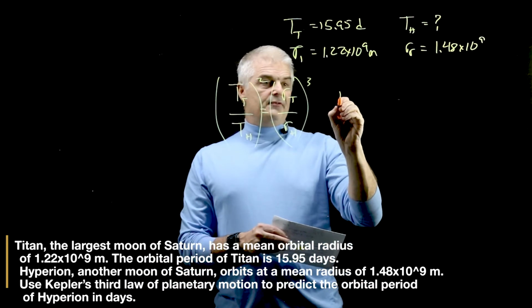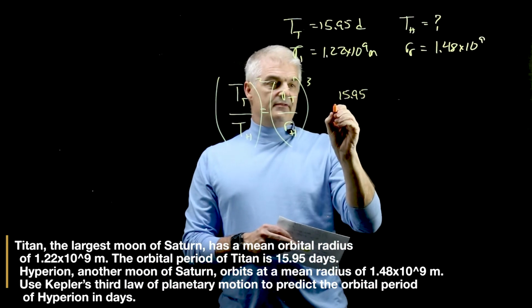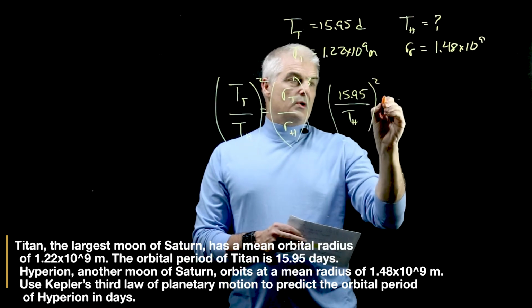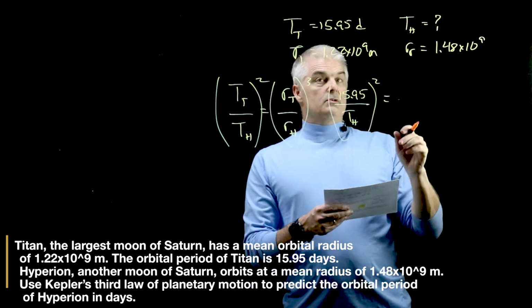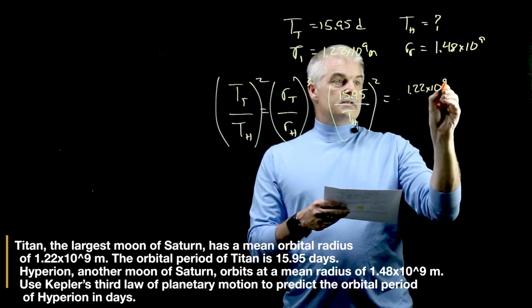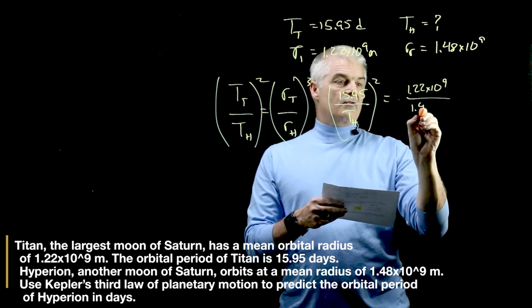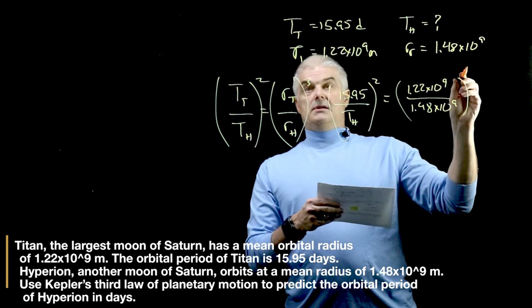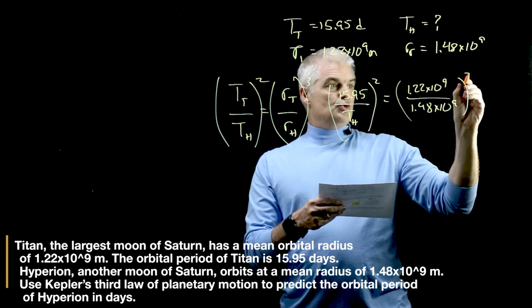So I'm going to say 15.95 over T_H squared equals 1.22 times 10 to the 9th over 1.48 times 10 to the 9th, and that's all, shall we say, cubed.